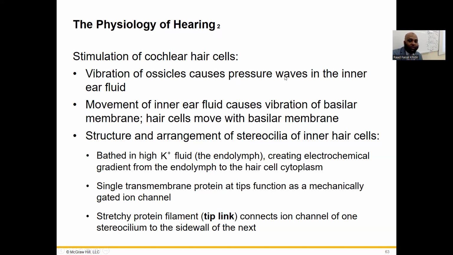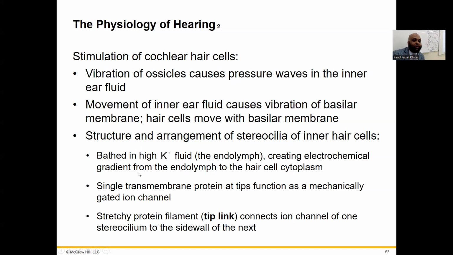And they're going to cause pressure waves in the inner ear fluid, and movement of the inner ear fluid is going to cause the vibration of the basilar membrane, and the hair cells are going to move with the basilar membrane. The stereocilia of the inner hair cells are bathed in high potassium fluid known as the endolymph, creating the electrochemical gradients from the endolymph to the hair cell cytoplasm.